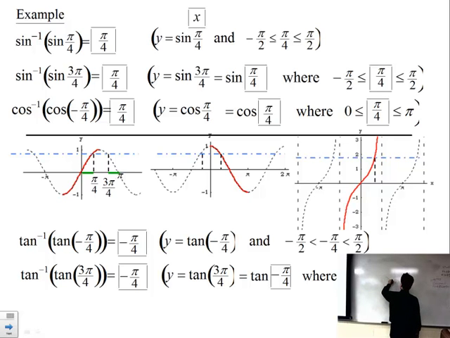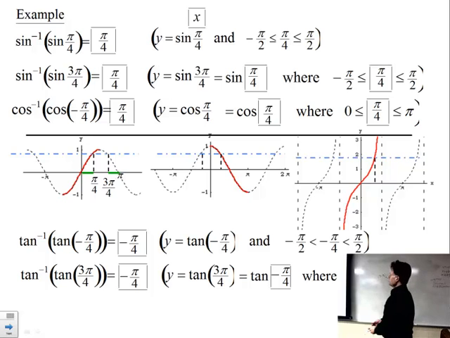So that's 3 pi over 4. That's where it hits the unit circle. And so the y-coordinate is the sine of 3 pi over 4. So this point is actually minus root 2 over 2, root 2 over 2. That's the cosine, that's the sine.